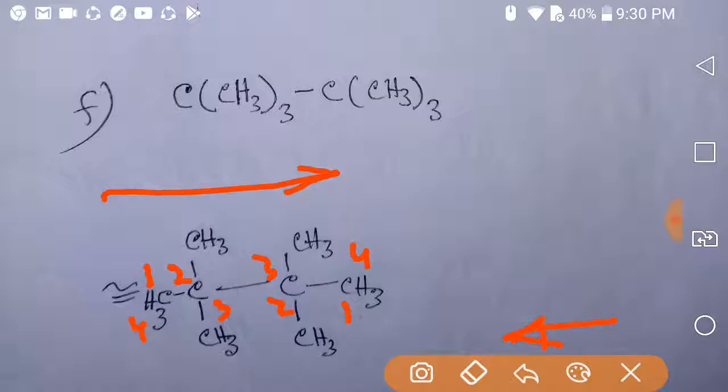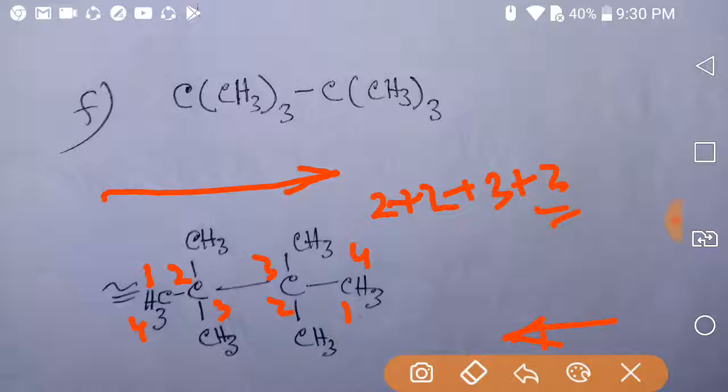From left to right, if we take the positions of the methyl groups, at carbon 2 it is 2 plus 2, right? And then 3 plus 3, since this carbon has 2 methyl groups.